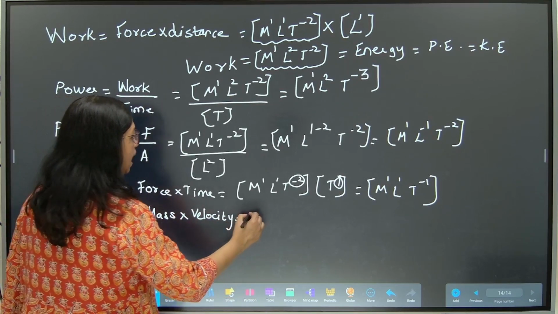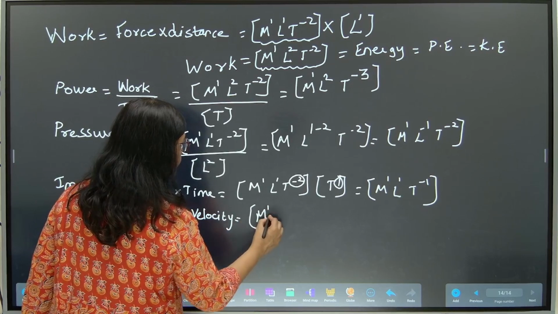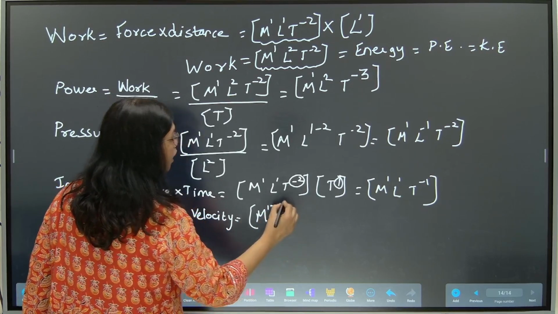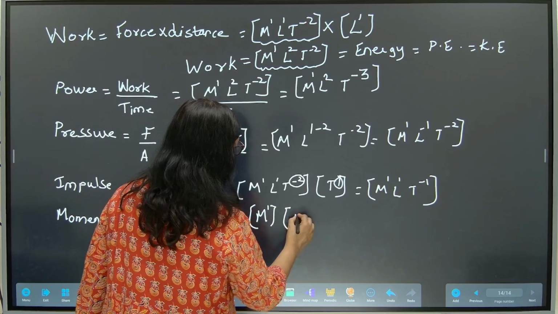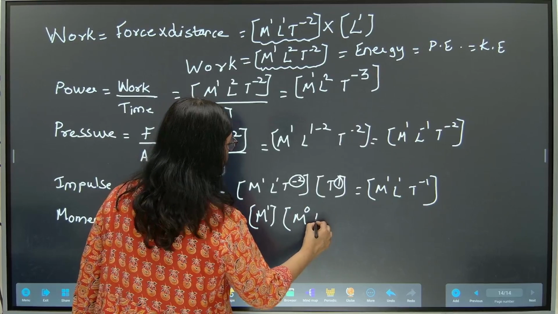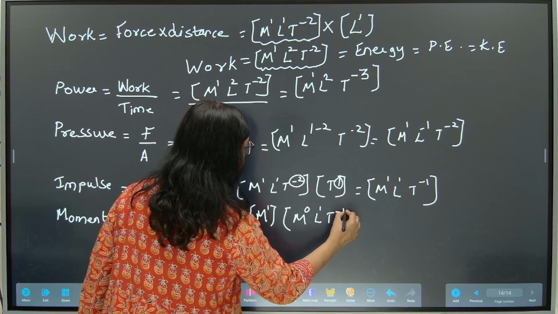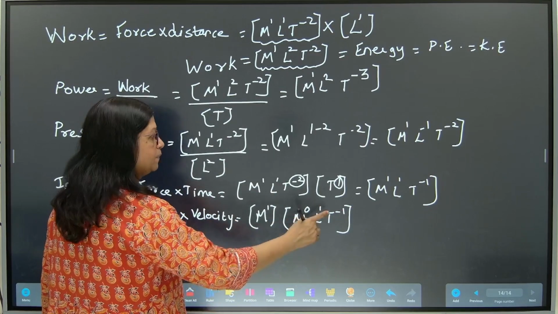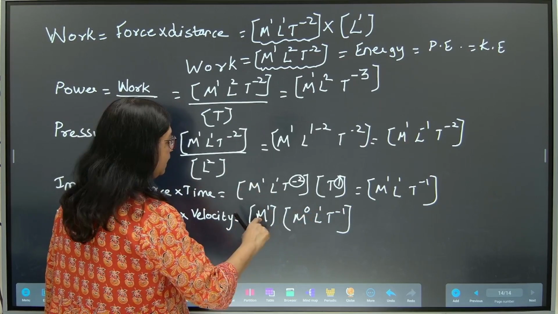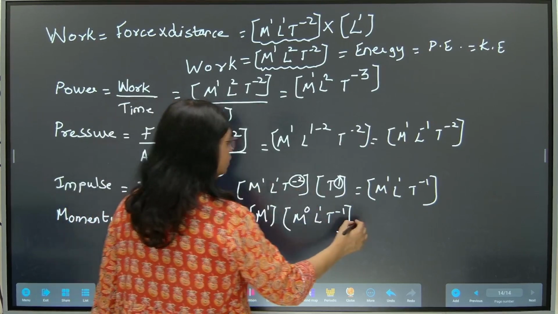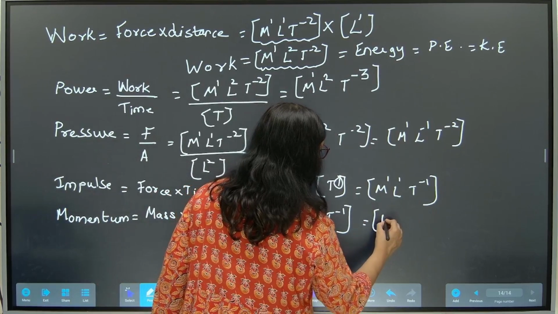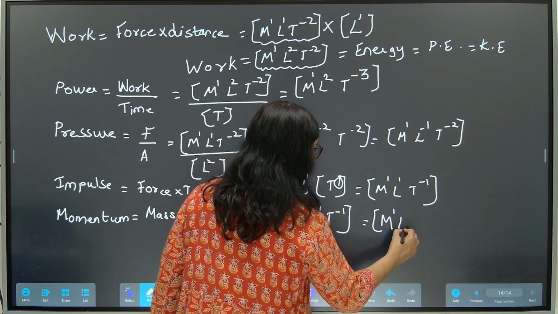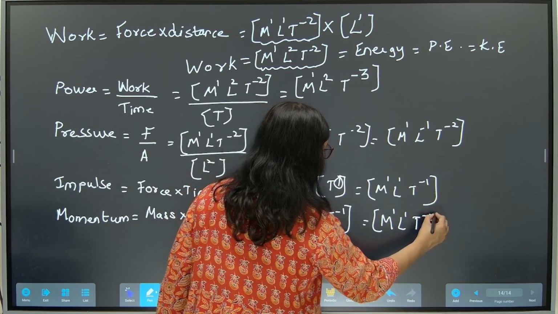So mass, M raised to 1, velocity, M raised to 0, L raised to 1, T raised to minus 1. So combining these two dimensional formulas, M has the power 1 here and 0 here. So what do I write here? 1 plus 0, 1. L1, T minus 1.